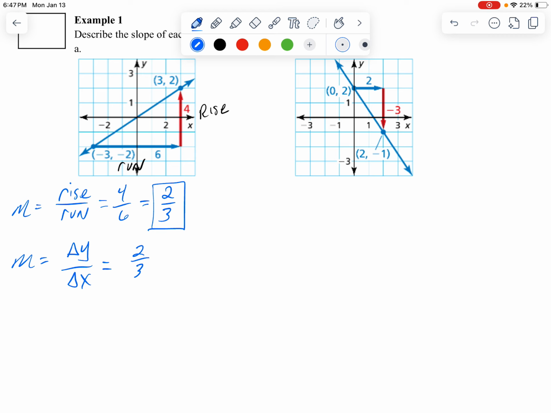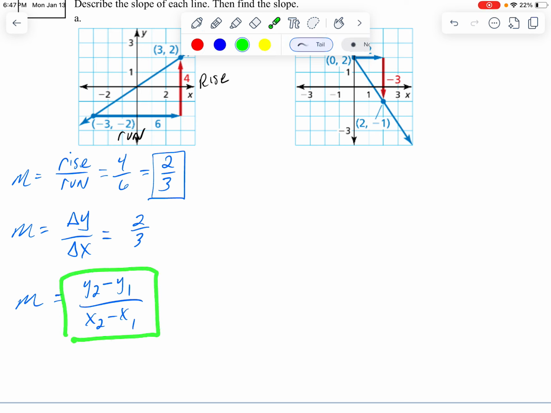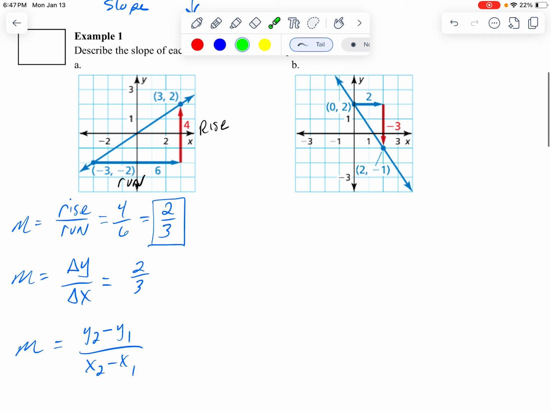And then finally, if we want to calculate it, we've got y2 minus y1 over x2 minus x1. And again, this is just another way that we can calculate that change in y and the change in x. And we're going to do that. I'm just going to get that out of my way because it's getting a little bit messy.